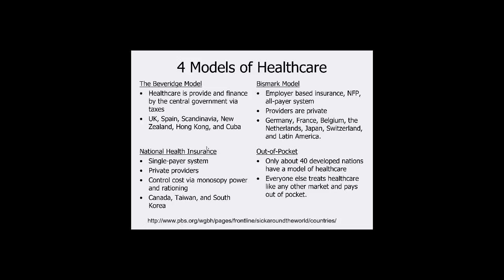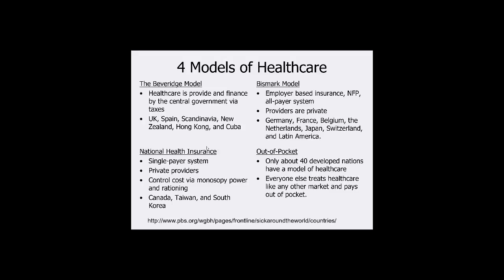Well, when you think about comparing healthcare systems across different countries, there are about 4 models of healthcare that you need to internalize. The first model is called the Beveridge model. In this model, healthcare is provided and financed by central government via taxes.